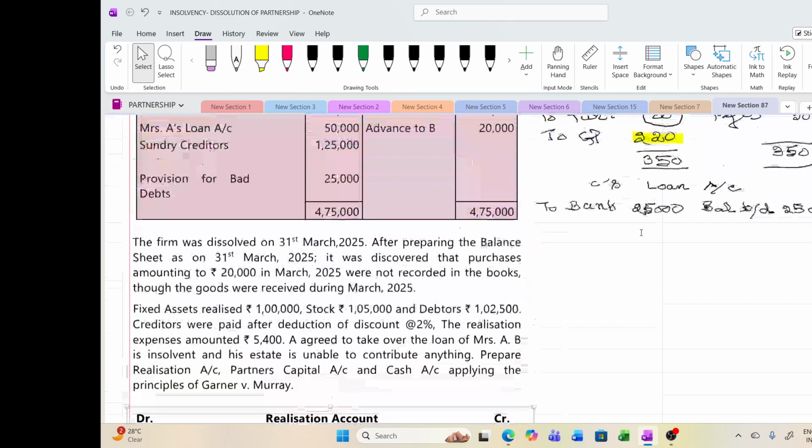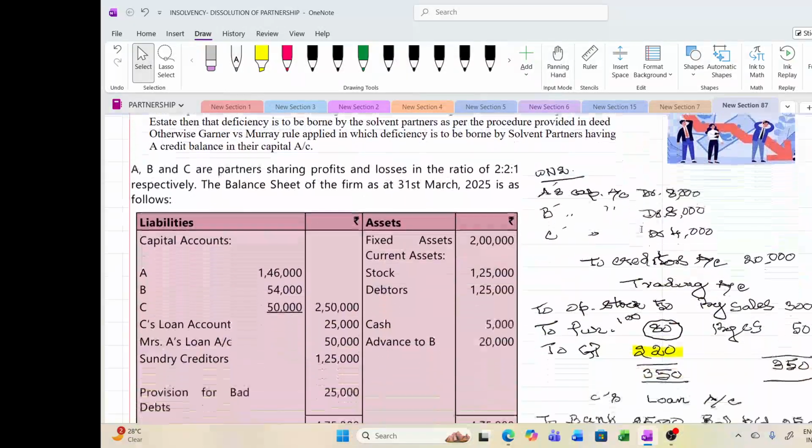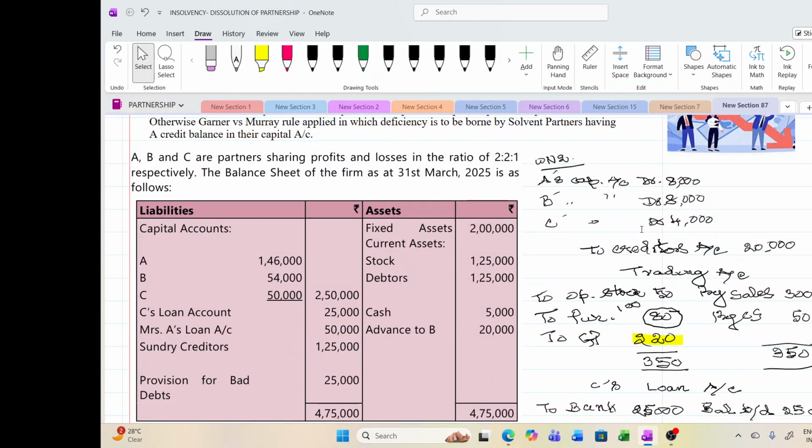Now, I already told you that I'll be explaining when there is a fluctuating capital method. In the fixed capital method, we have no issue. The capital is fixed, we will be taking it. But here you have to keep it in mind: don't take this amount because there was an error. So after rectifying the error, whatever balance comes, that has to be taken care of.